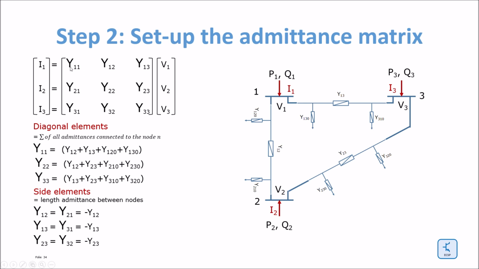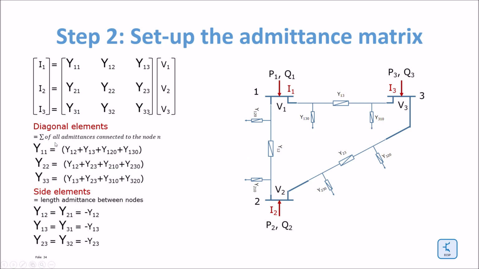In the diagonal elements, you always have a sum of all the admittances which are connected to the bus. So the admittance Y11 is equal to the sum of all the elements which are touching bus 1. So this is Y120, Y130 plus the link elements.